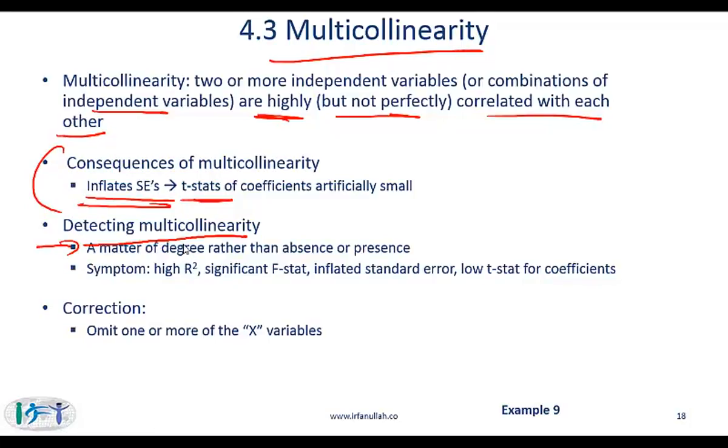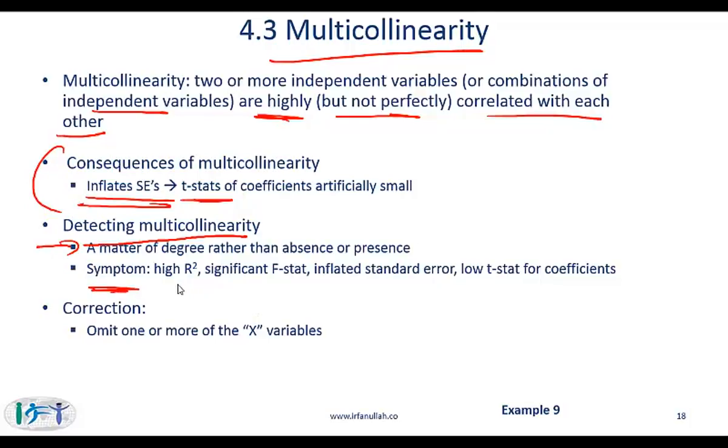If you think about things like interest rates, exchange rates, and inflation and so on, all of them are in some way interrelated. So when you are running regression, it is more a question of what is the degree of the relationship. If the degree of relationship is low, then you're okay. If it is high, then you are not okay.